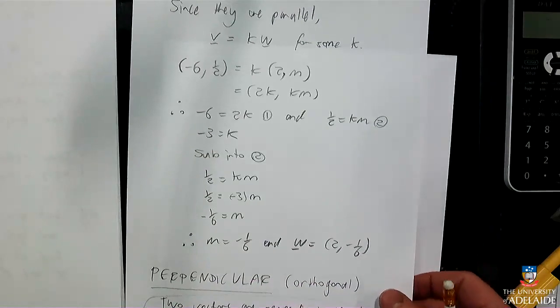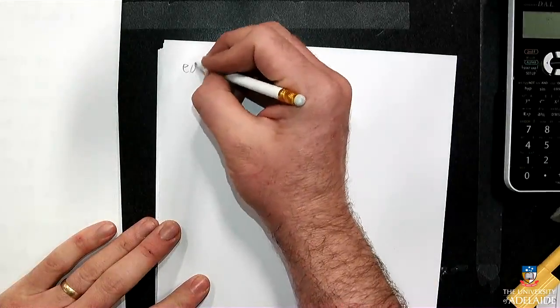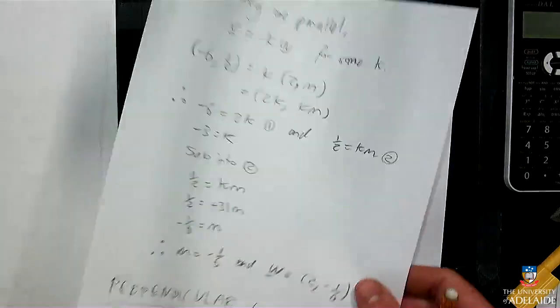Okay, so what that means is if I asked the same question as I had before, but instead of asking what does m have to be to make them parallel, what does m have to be to make them perpendicular, then I can solve that problem too. So I'm actually going to repeat the same question.